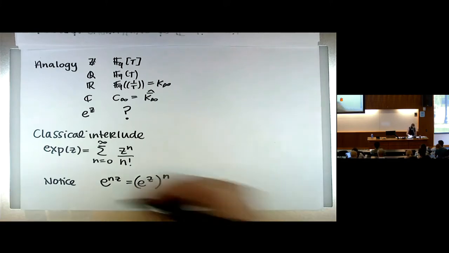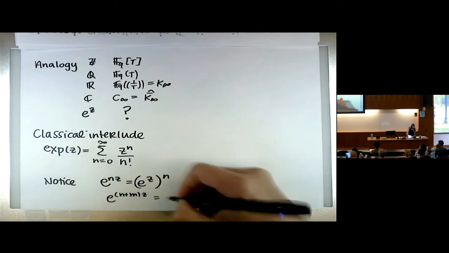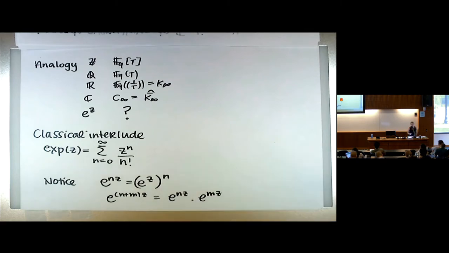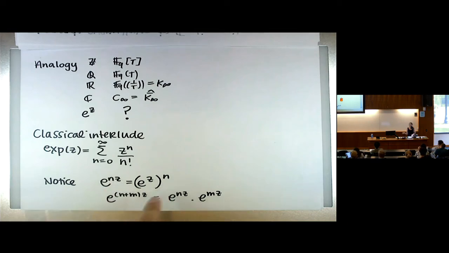And e to the (n plus m)z is e to the nz times e to the mz, another thing that you might struggle to get your students to accept. What I want to point out by this is not exponent laws, but how on this side, multiplication by n becomes exponentiation by n, and addition becomes multiplication.